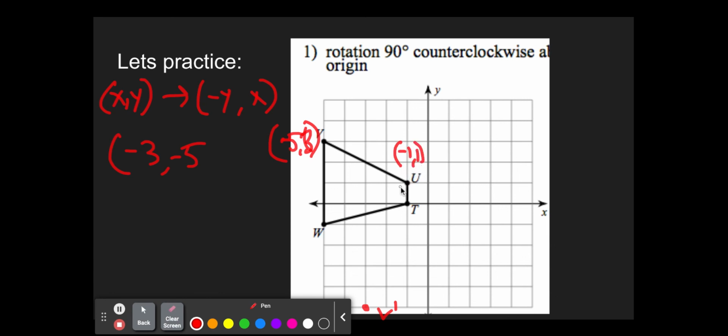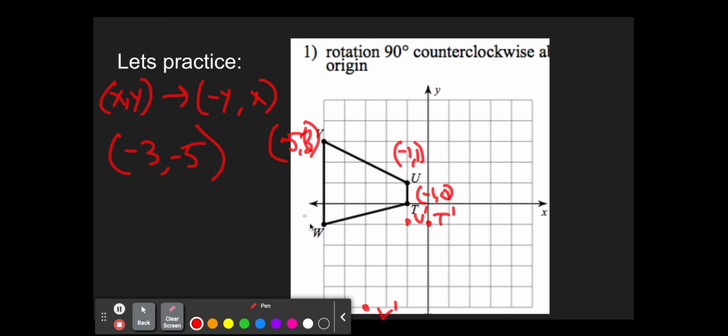My U prime: U is at negative 1, 1. So flip it around so it's 1, negative 1, and do the opposite for y. So that's negative 1, negative 1. There's my U prime. My T is at negative 1, 0. So now it's going to be 0, negative 1.